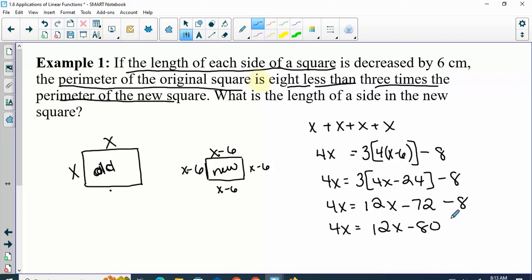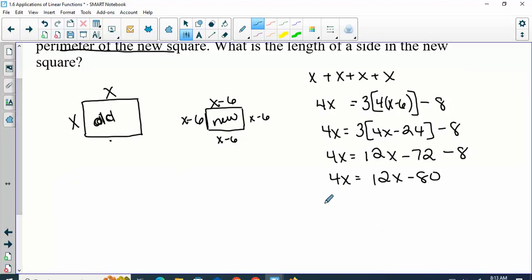So now we need to move our 12 over. So subtract 12. Divide by -8. And x is 2. Am I finished? No.